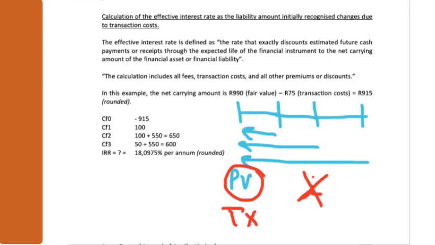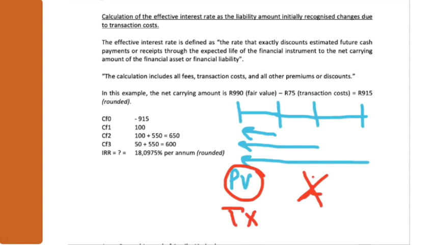There's no way you could get back with those cash flows to a changed PV by using the same interest rate that you had before. An effective interest rate is that rate that brings the future cash flows back to PV, where PV has already taken the effect of transaction costs into account. Therefore, you need to calculate a new effective interest rate.